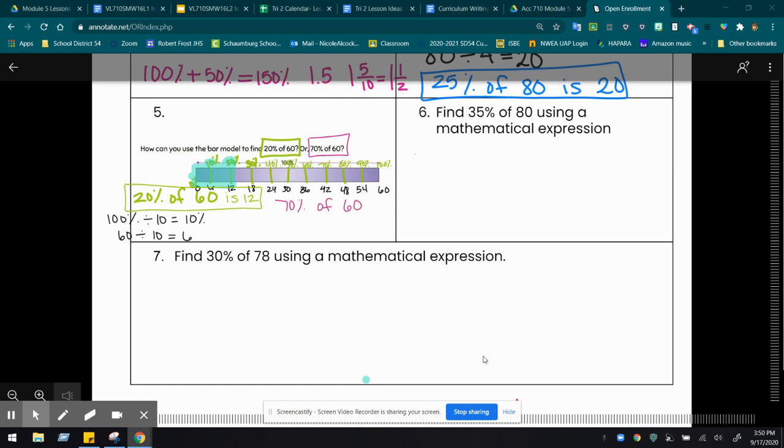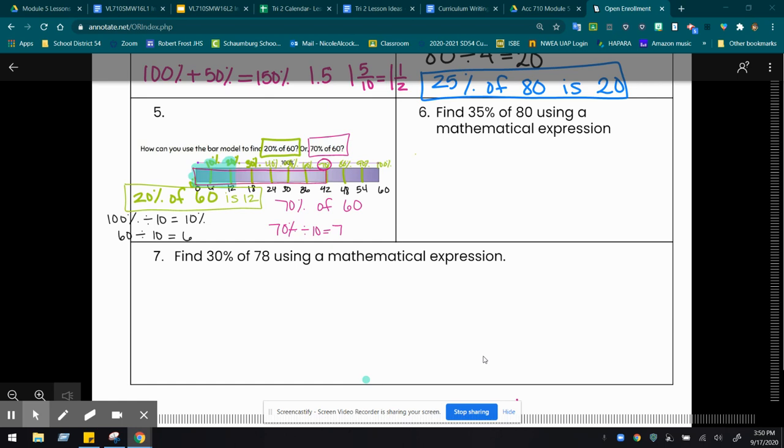Well, we already divided up the whole bar into 10 pieces. And I know that 70% divided by 10 is 7. So I need 7 of those boxes to make 70%, or I can just look at the model. Here's 70% right here. I box that in.